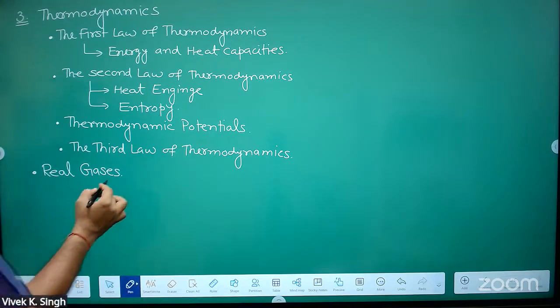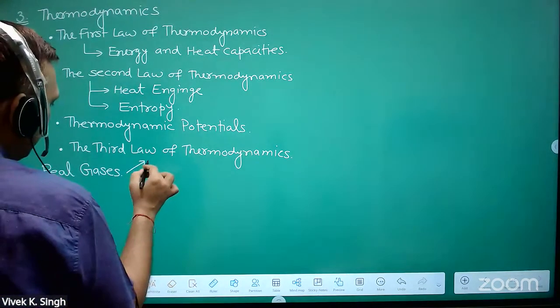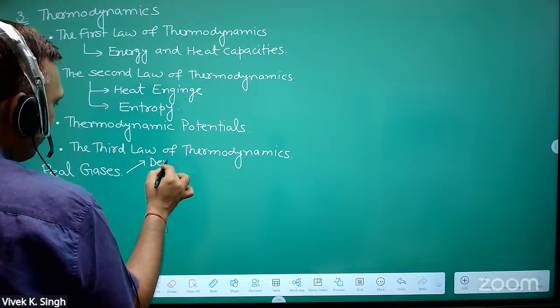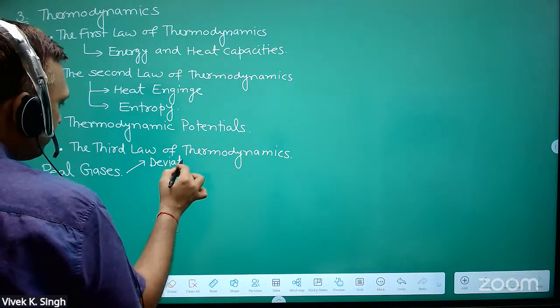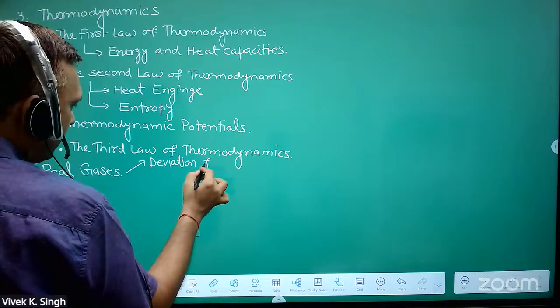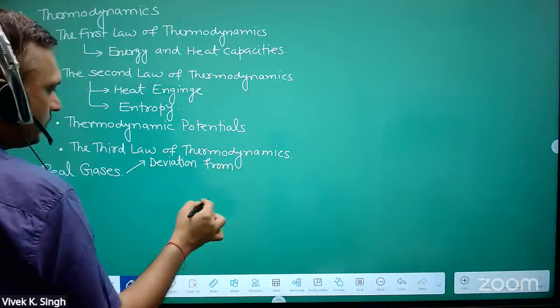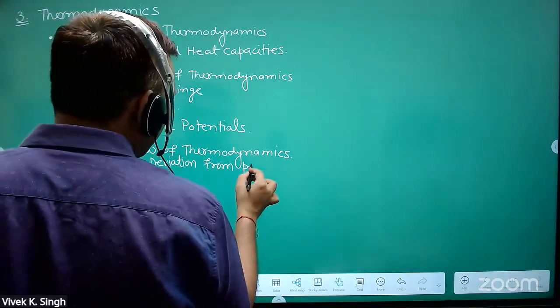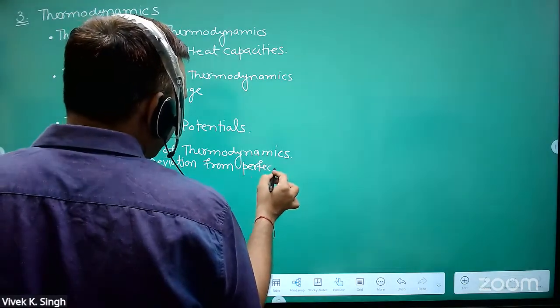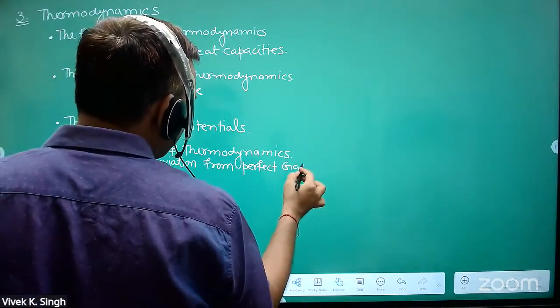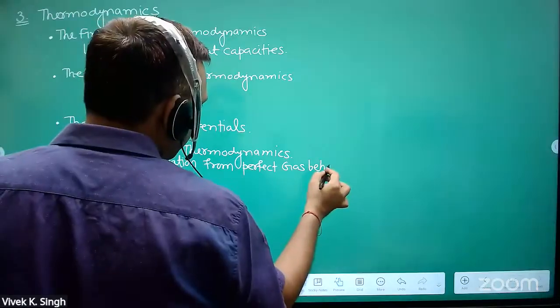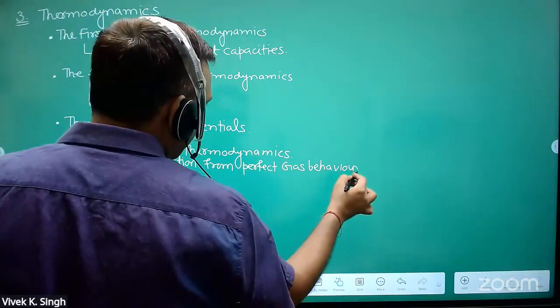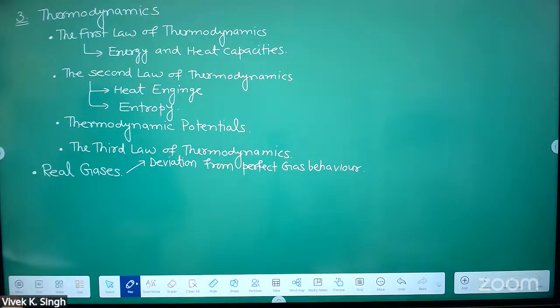So we will see the deviation from perfect gas behavior.